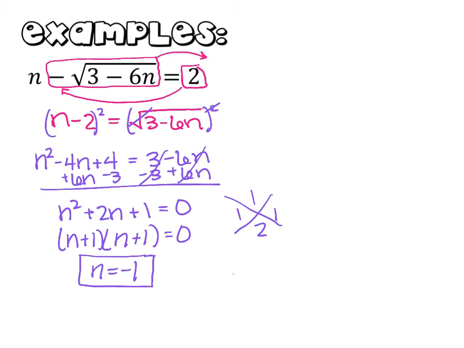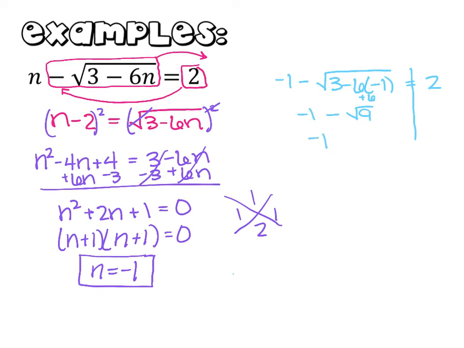So if I look at negative 1 in my original equation, where my n's are, I fill in negative 1. Negative 1 minus the square root of 3 minus 6 times negative 1 is supposed to actually equal 2. Let's see if it does. Well, 6 times negative 1 is positive 6, and 3 plus 6 is 9, so that's the square root of 9.